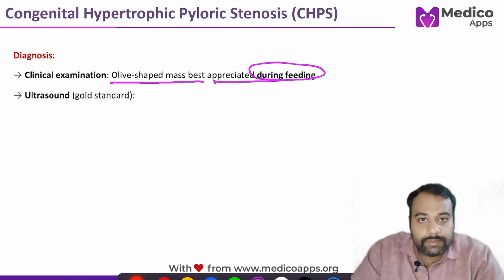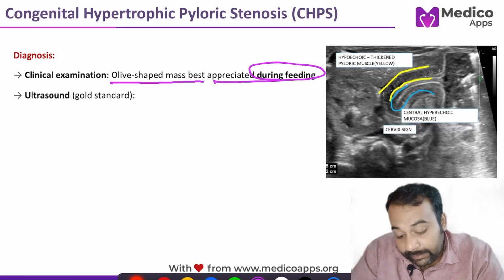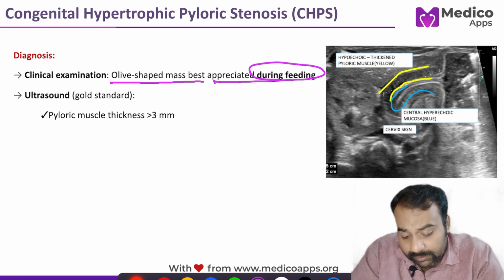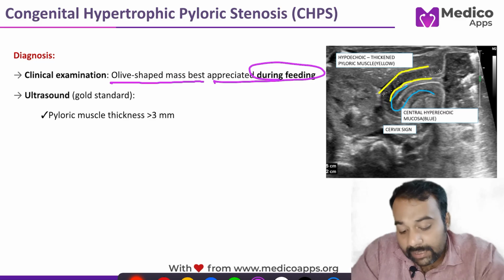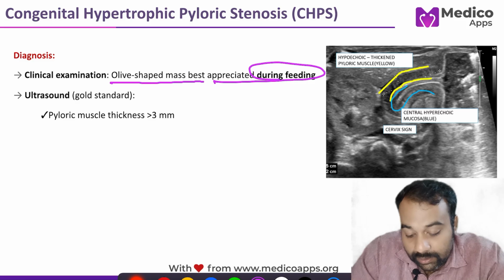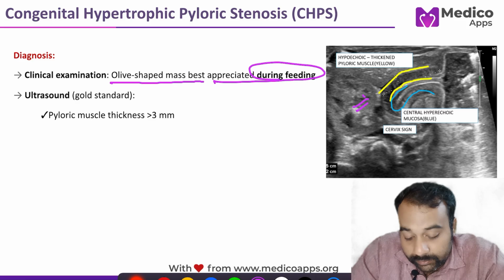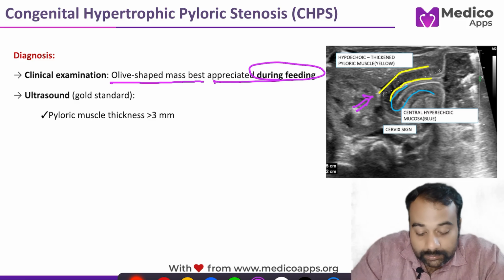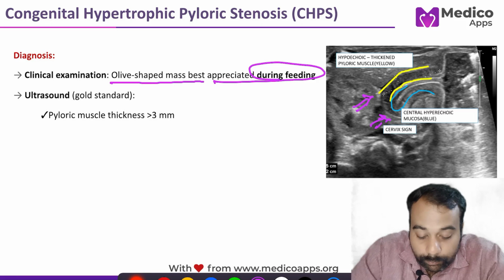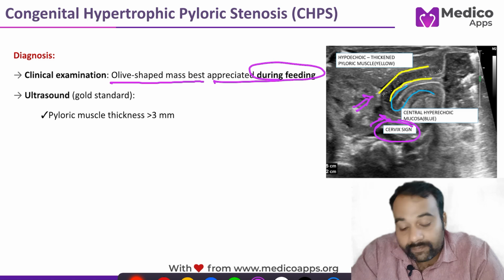But ultrasound remains the gold standard. On ultrasound you can easily see a hypoechoic thickened pyloric musculature, and a central hyperechoic mucosa, and these two things together are known as the cervix sign.